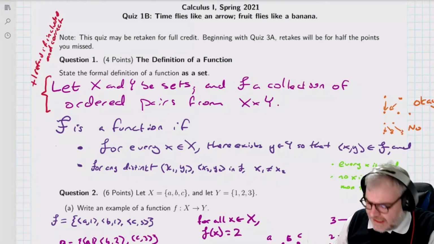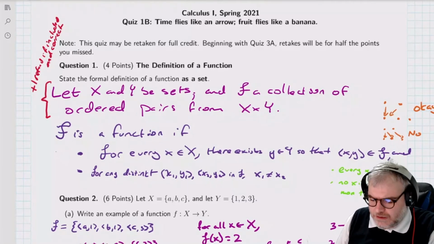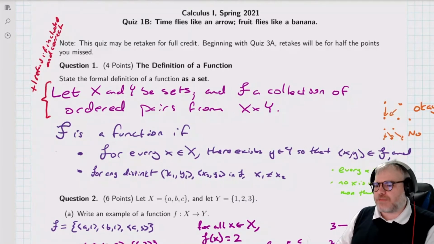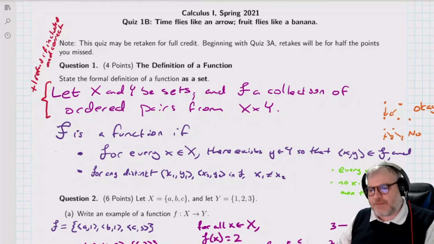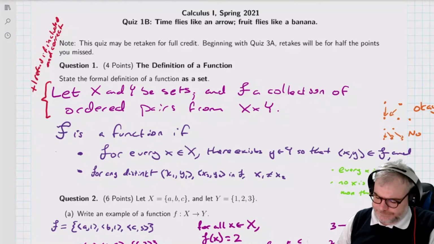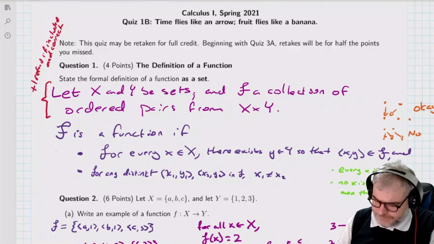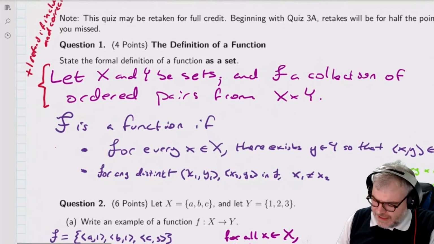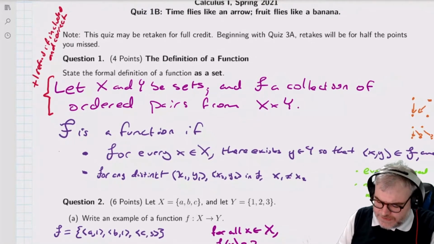That means that if you mess something up here, let's say you got a 2, you'd get +1, you'd wind up with a 3 out of 4, if you include the preamble. But the preamble's optional. f is a function if these two conditions are 2 points each.